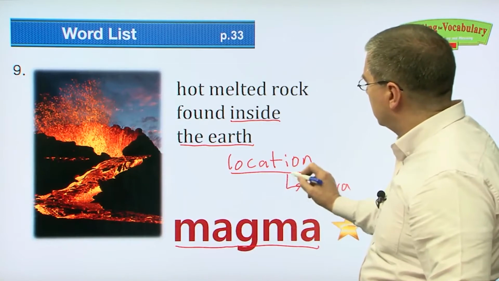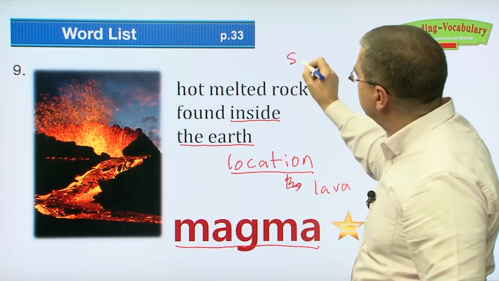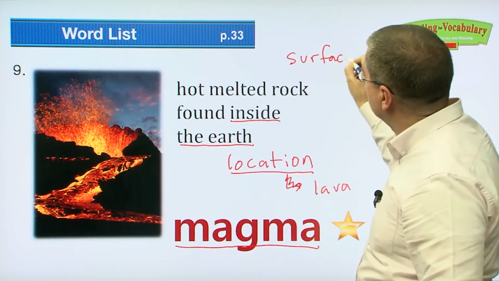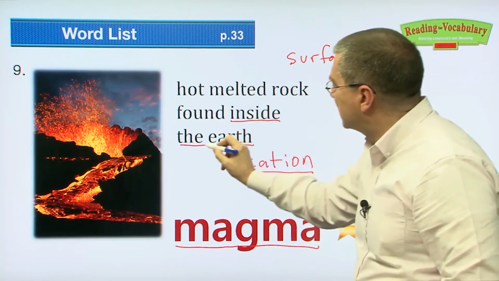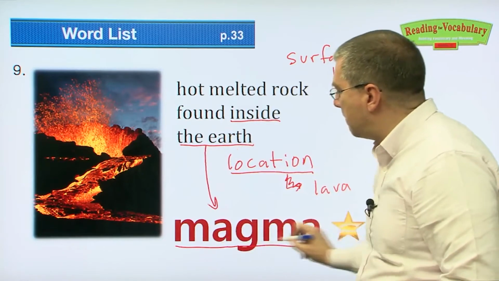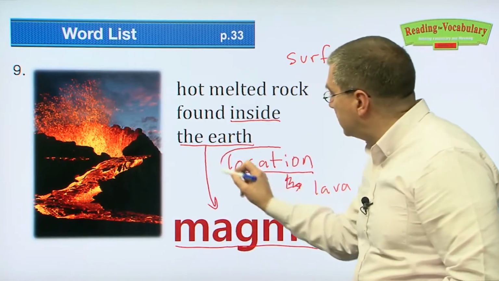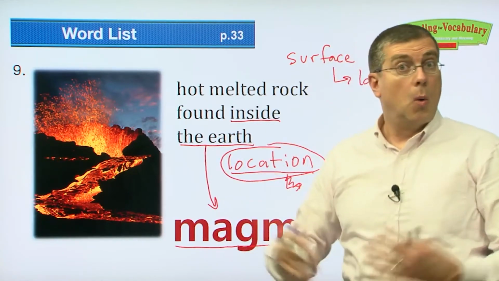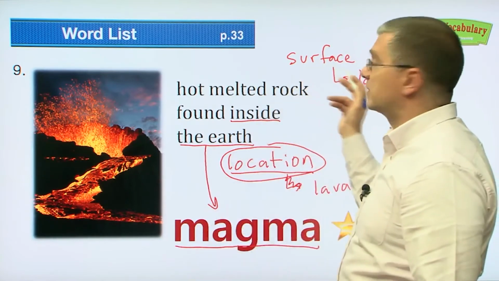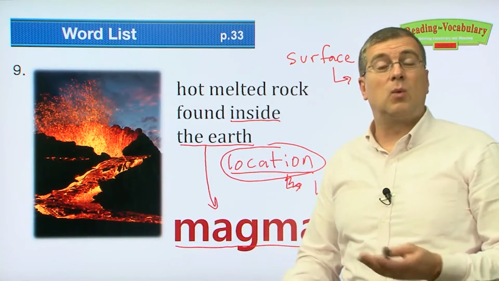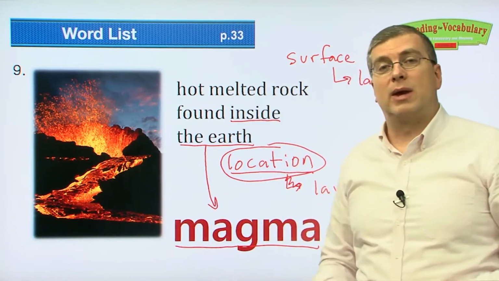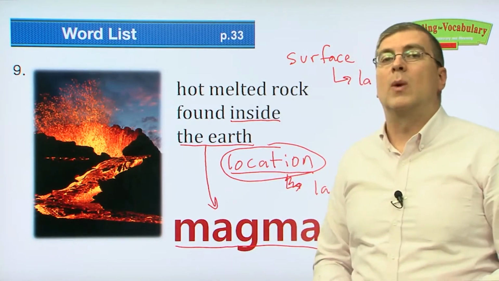Okay? So maybe let me do this differently. If it's on the surface, it is lava. But if it is inside the earth, it is magma. So it all depends on the location. Where is it? On the surface, lava. Inside the earth, magma. So we have different words depending on where it is.